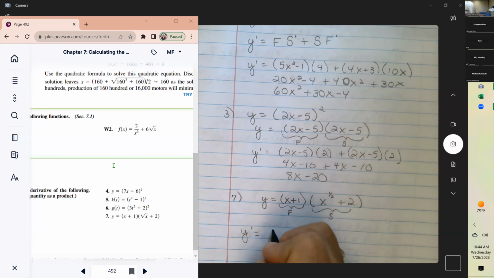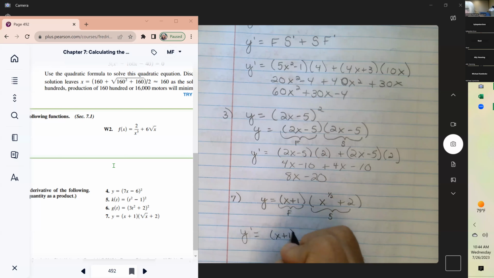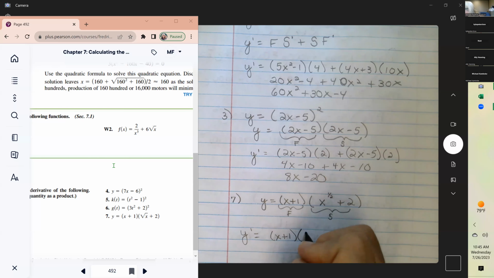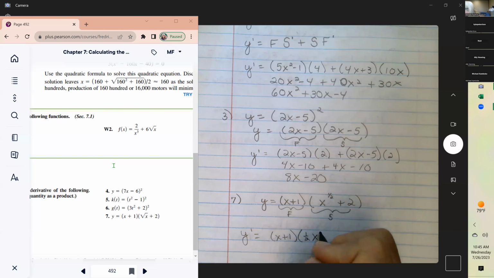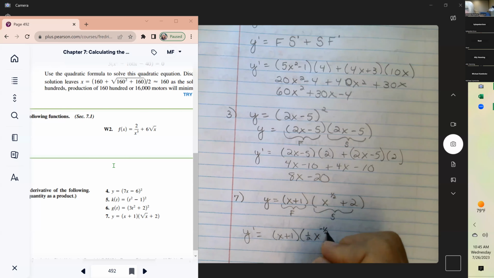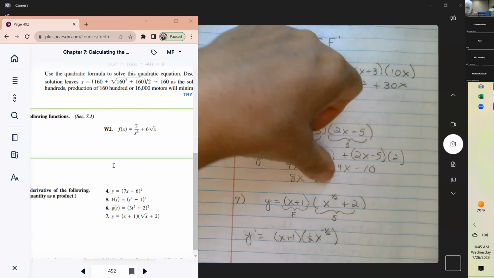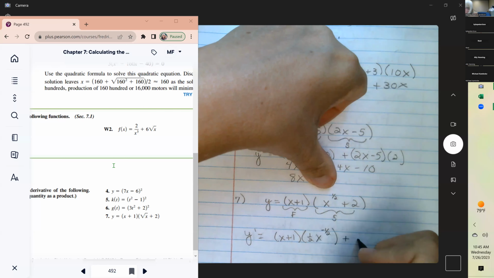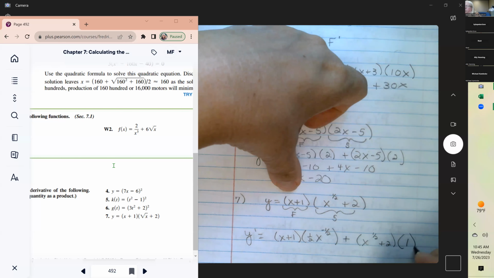First times the derivative of the second, 1/2 x to the negative 1/2, plus second times the derivative of the first, which is just 1.